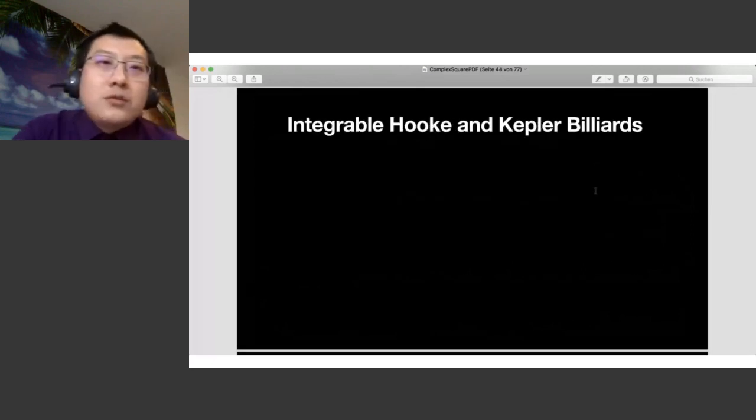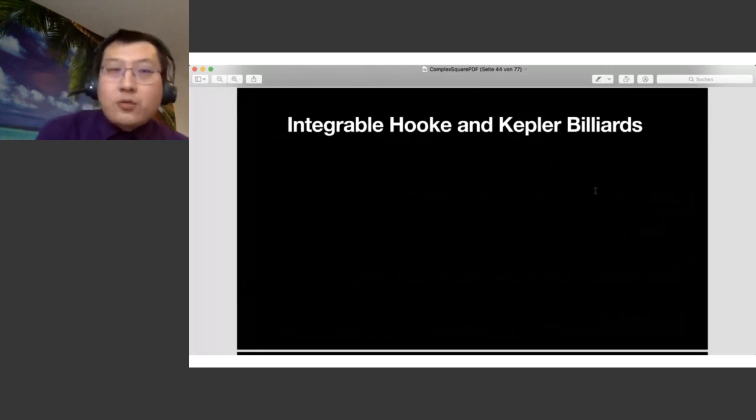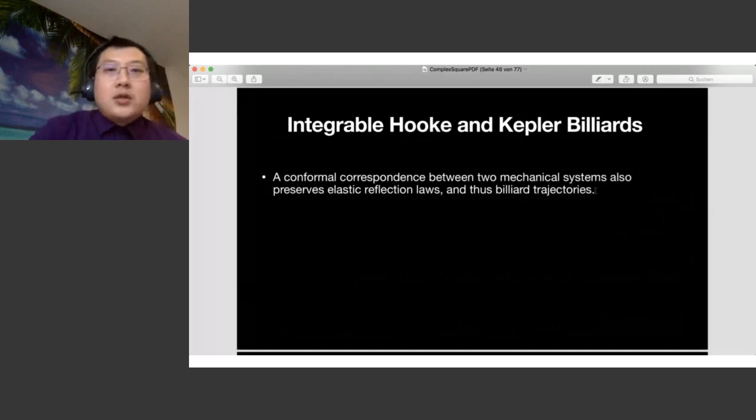Okay, so now we will come back to this question about finding integrable mechanical billiards with the underlying force field being the Hooke one or the Kepler one. It's tempting to try to relate these problems, because a very simple observation is that the mapping z to z squared is conformal, so it preserves the angles.